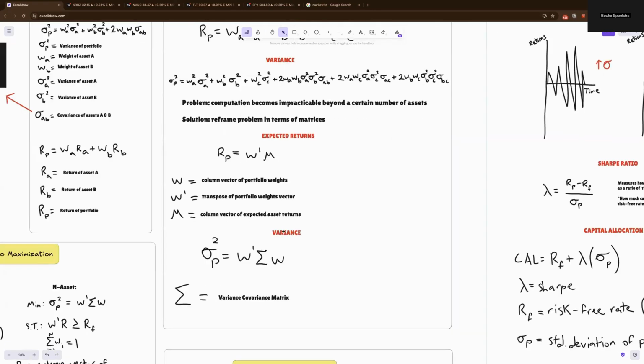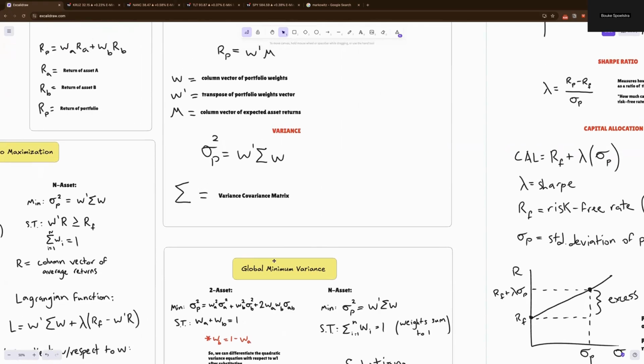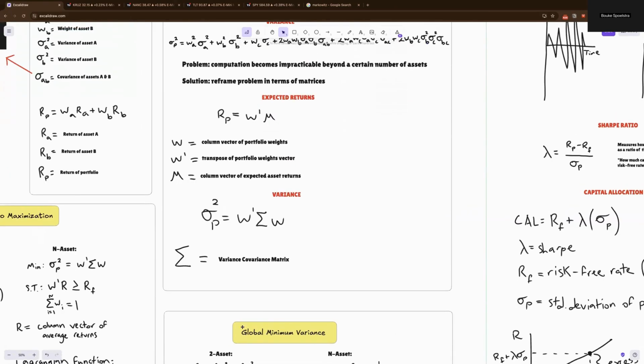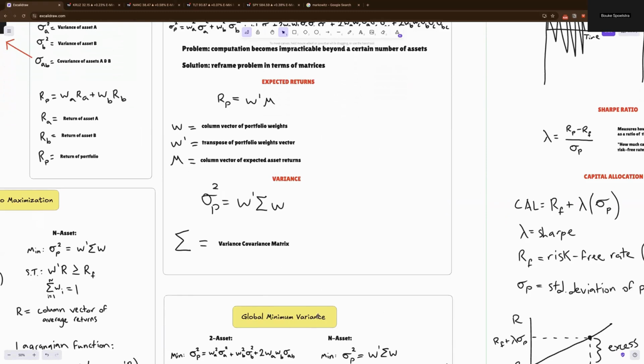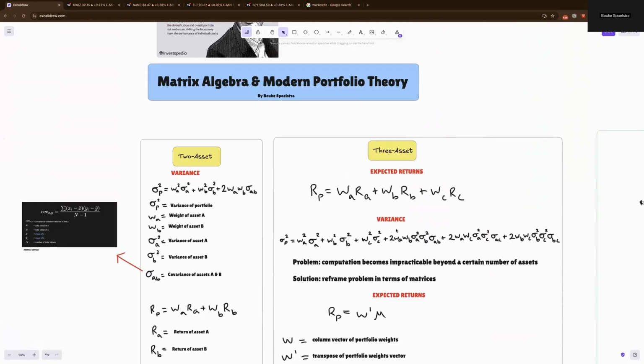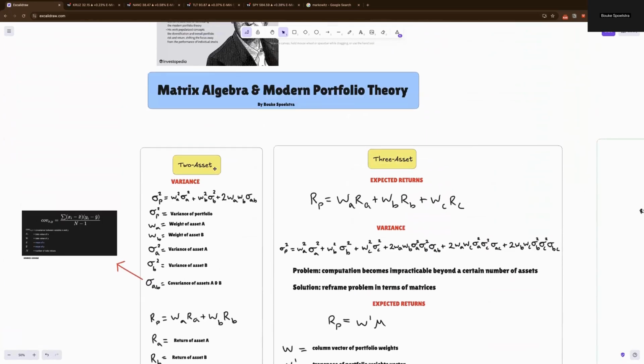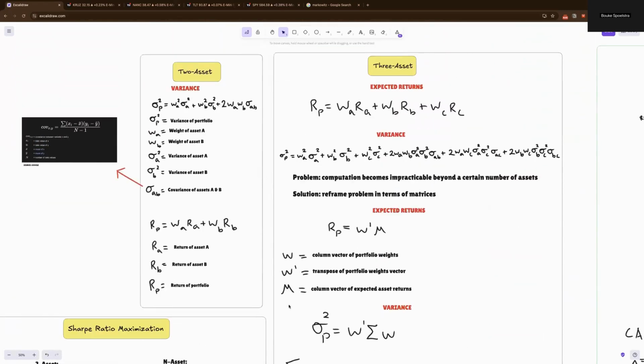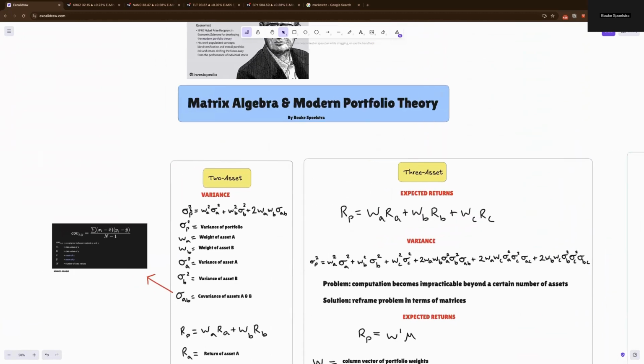And then you would have global minimum variance, where you're just minimizing the variance of the portfolio subject to the weights adding up to one. So this would just find your minimum variance. You know, I'm very risk averse, I don't care about getting above a certain amount of returns. We'll get into those in more detail, but for now, just know that all of these have all three of these as a subset for each of them.